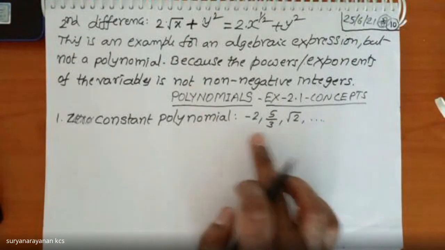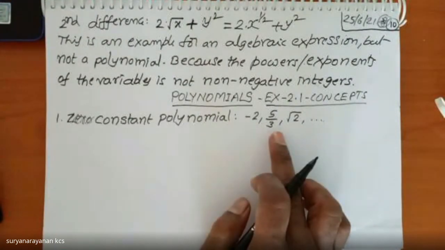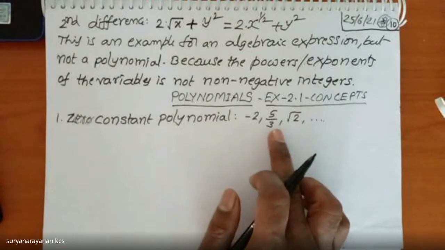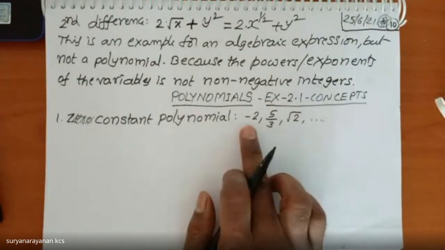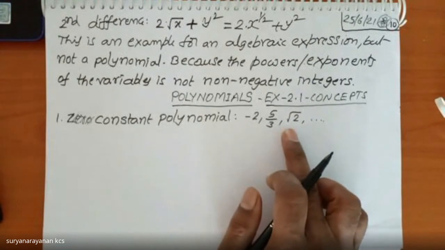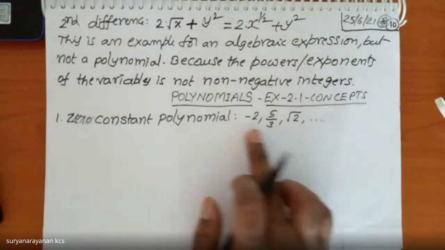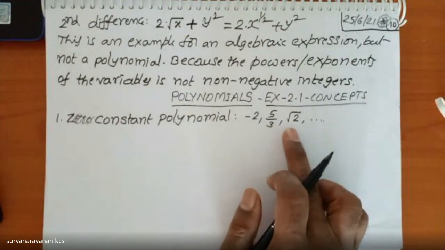If you observe these terms carefully, is there any variable involved in these terms? Can you find any variable in these terms, my dear children? No. So here no variable has taken place.